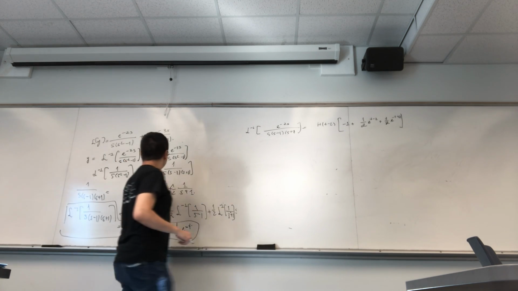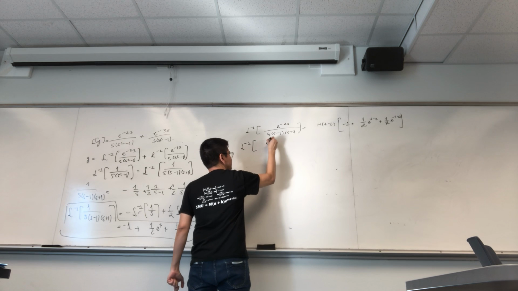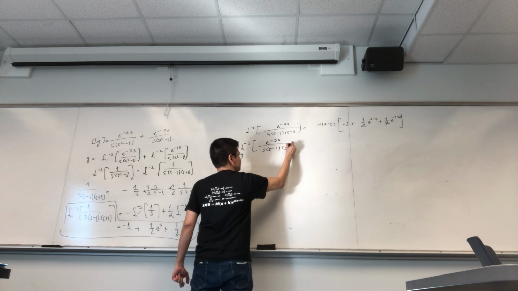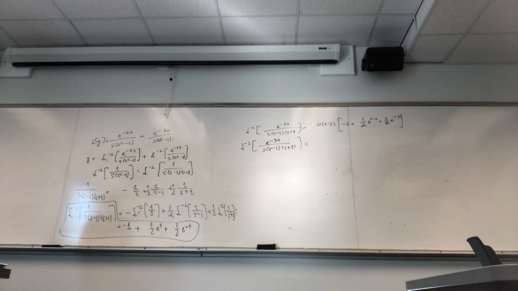Now I have to compute the second one. So the inverse Laplace transform of e to the power minus 3s over (s minus 1)(s plus 1) will be? What is the second quantity?